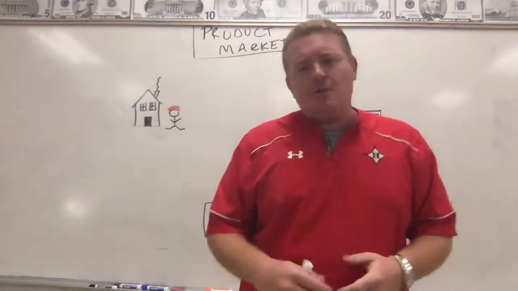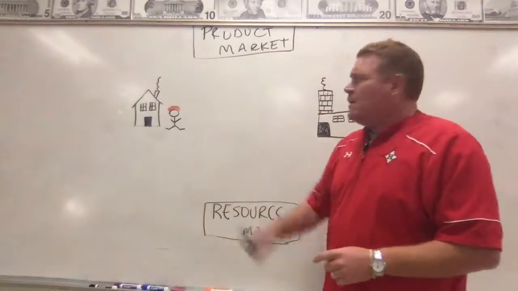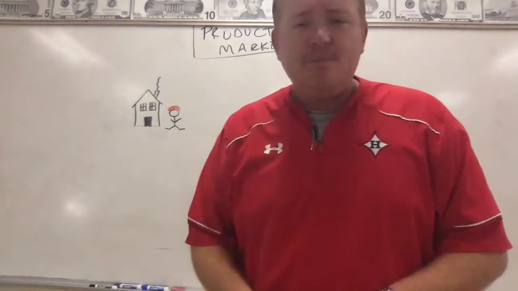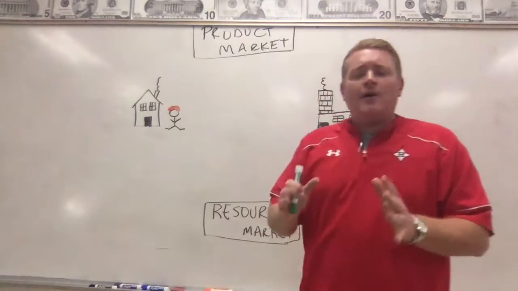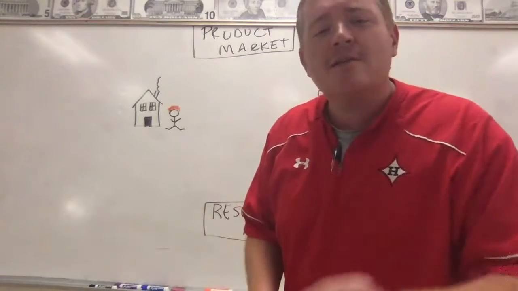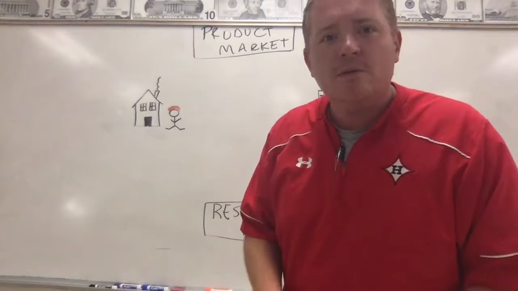When we talk about the circular flow model, we have a product market and a resource market. The product market, believe it or not, is a market where products are bought and sold.